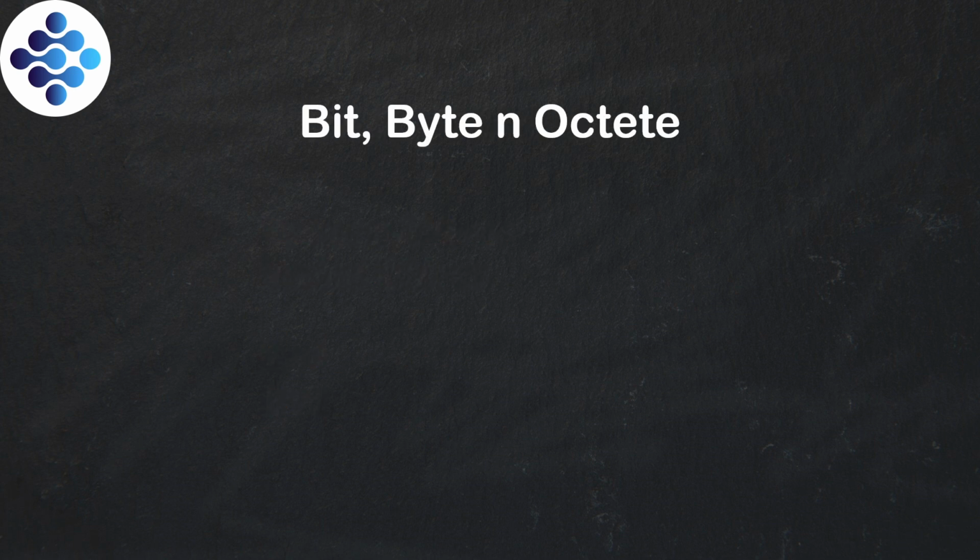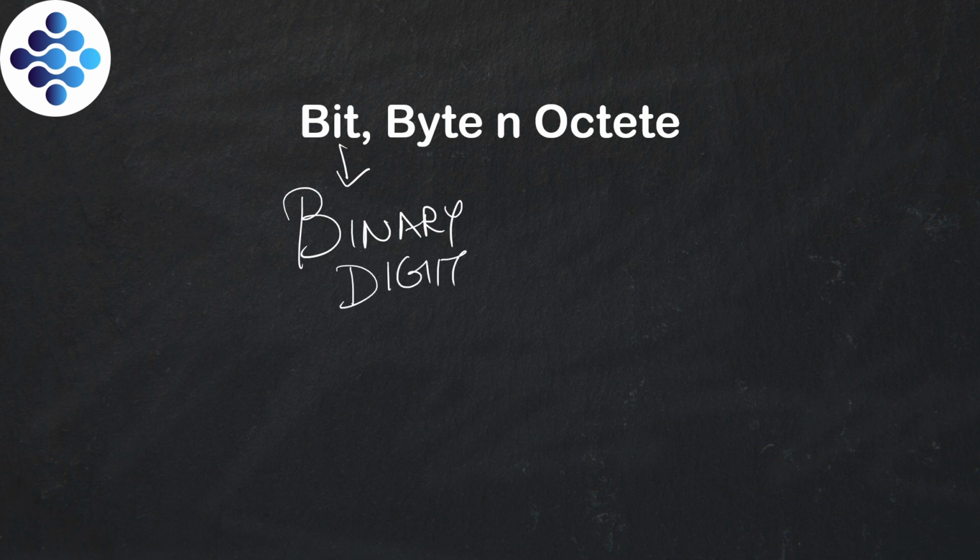Regarding bit, byte and octet. Bit is nothing but binary digit. So if I write 101 in binary, how many bits is this? 1 bit, 2 bit, 3 bit. So this is a 3-bit number.